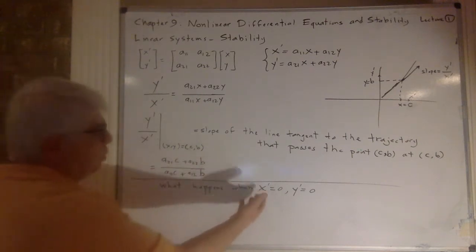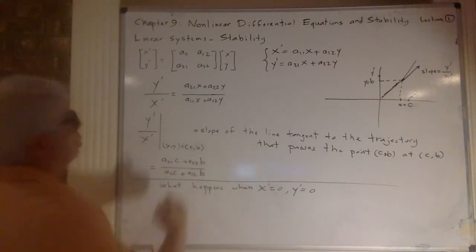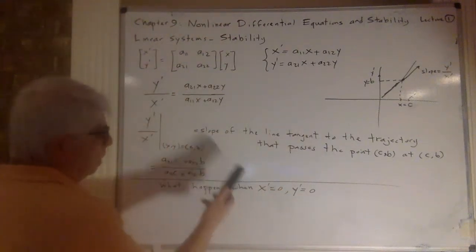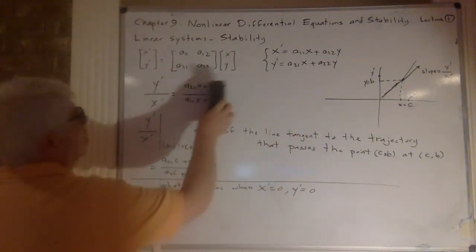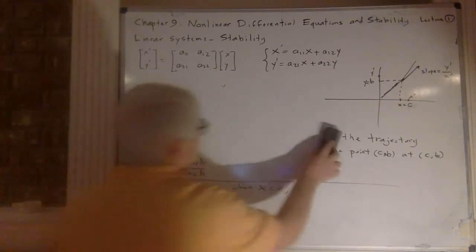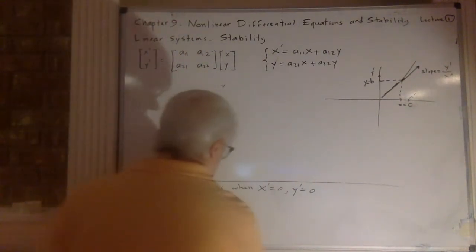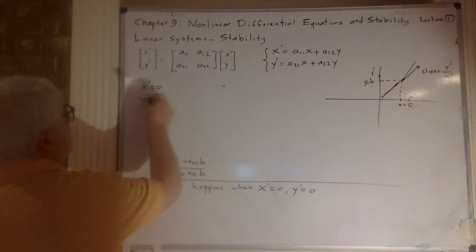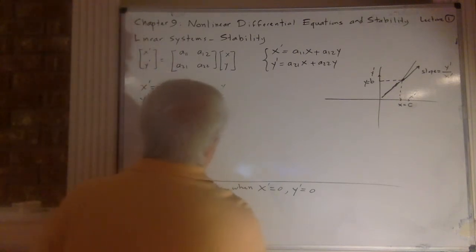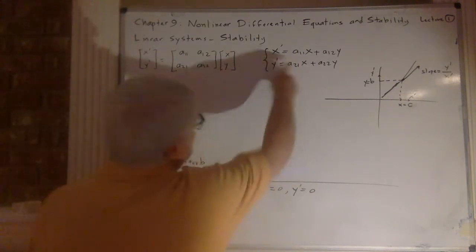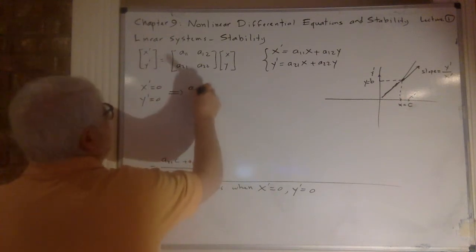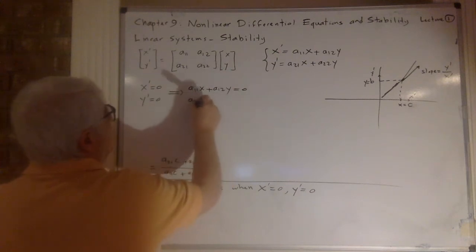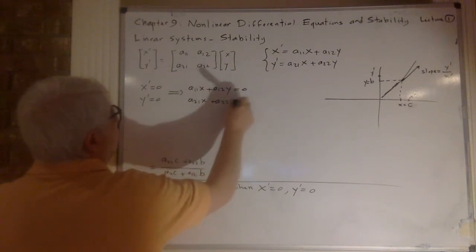So when or where does this happen? Let's look at this equation up here. So the question is, at what point does this happen? Okay, let me erase this and look at that. So when x prime is 0 and y prime is 0, this gives me a simple system of equations, in fact. That is a11x plus a12y is 0, and a21x plus a22y is 0.